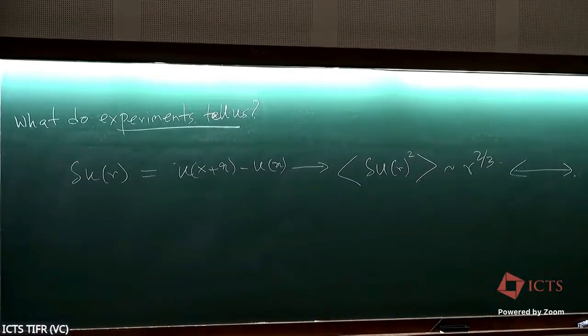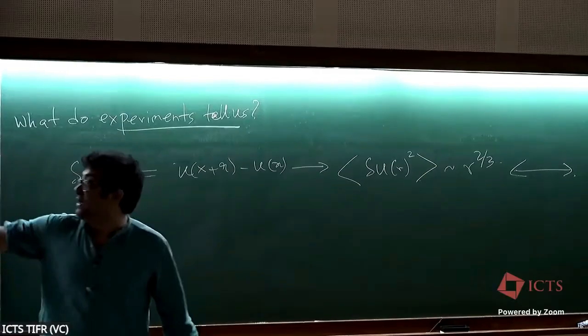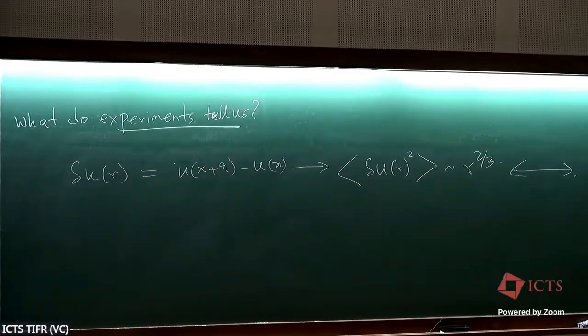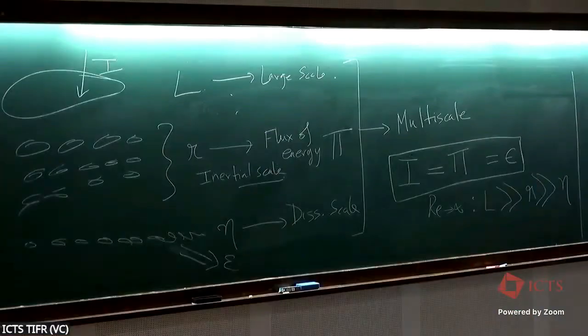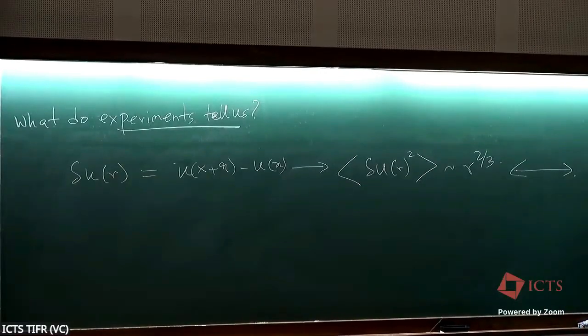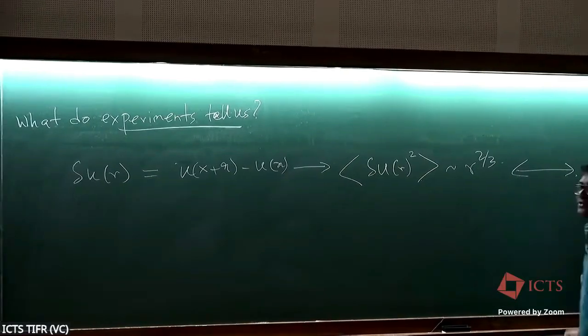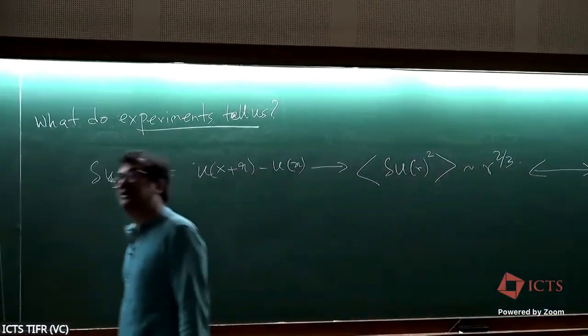the fact that this second order quantity scales as R to the power 2/3 means that if I were to calculate in Fourier space the distribution of kinetic energy across Fourier modes, the density of kinetic energy across Fourier modes, this is absolutely consistent with a scaling of the spectral energy density as k minus 5/3.